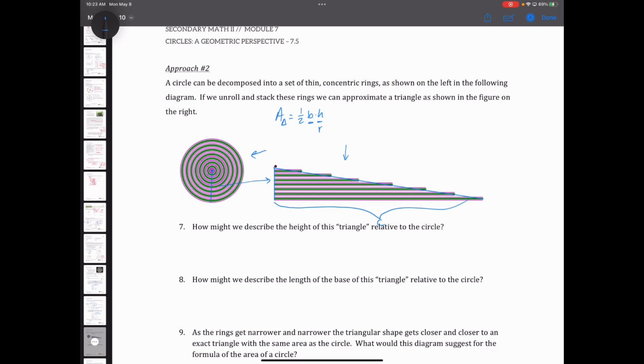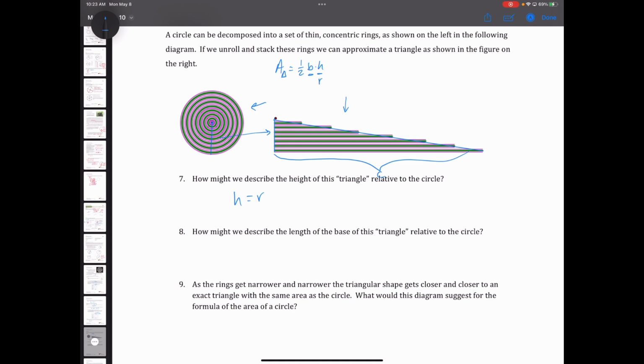So if we say the height is equal to the radius, and the base is equal to the circumference, what's the formula for circumference, by the way? It's 2 pi r, right? Which is the same thing as pi times the diameter, yeah.